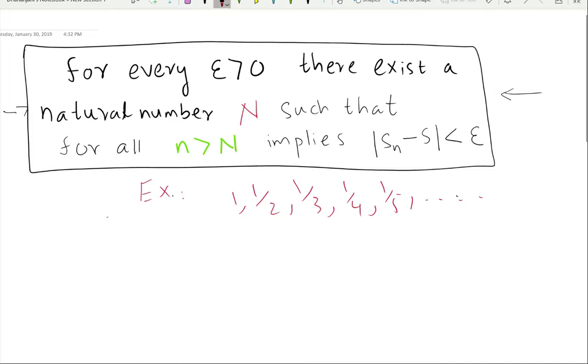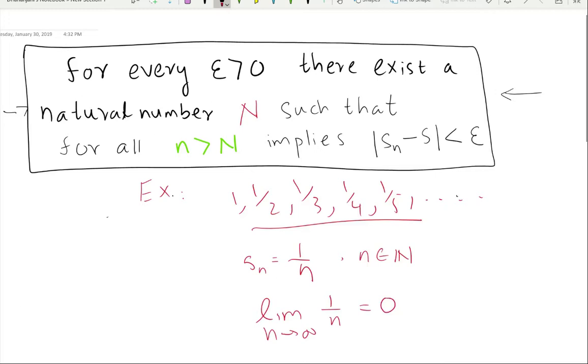So let's look at an example. If we look at this sequence, we can write it as S sub n, it's 1 over n, right? Now the n belongs to the natural number system. If we take the limit of this sequence when n goes to infinity, 1 over n, the limit is 0. 0 is a real number, so the sequence is convergent, right?